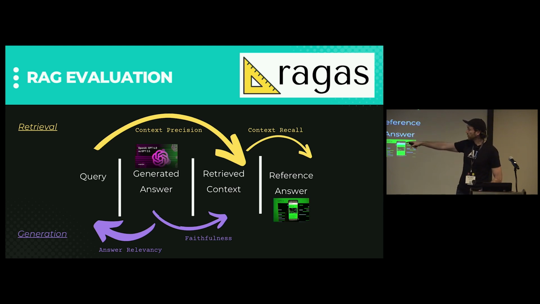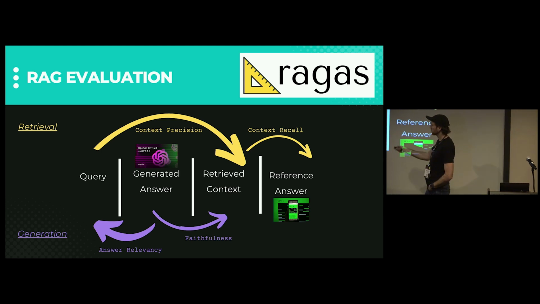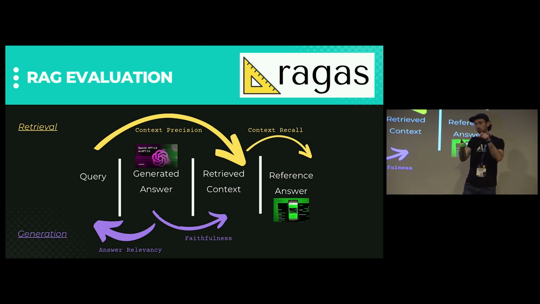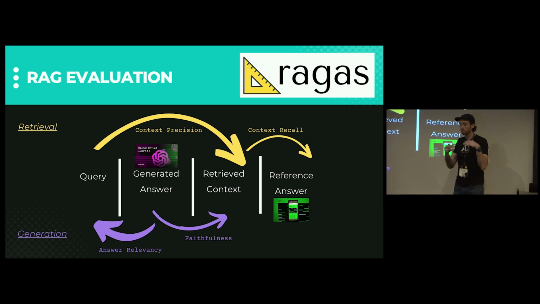Now, it doesn't really matter what these numbers are. If you believe that they're telling you that retrieval is getting better or generation is getting better, then you set up your system to calculate these things. And as you tweak things, as you set up a more sophisticated index, as you add metadata to your indexing scheme so that you're actually retrieving more relevant context, you should see some of these numbers going up a little bit.